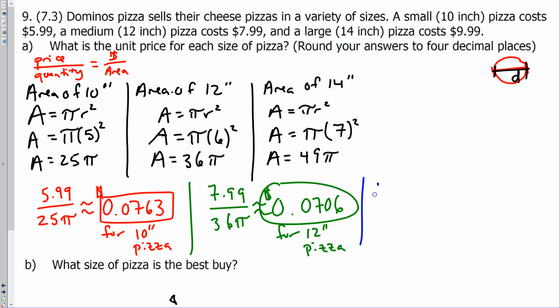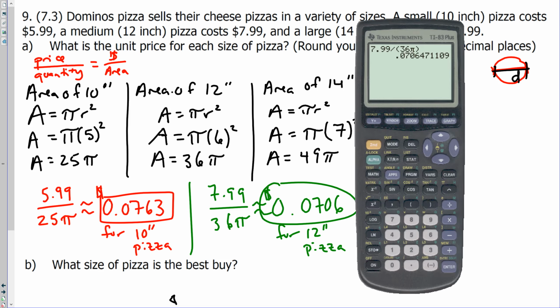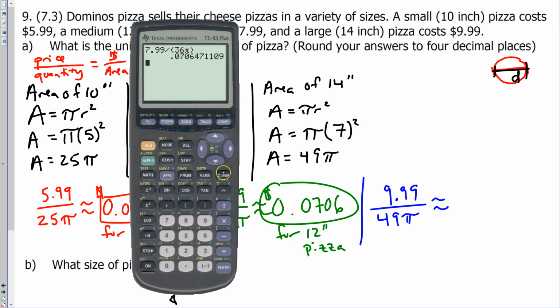And then the last pizza cost $9.99, and the area was 49 pi. So 9.99 divided by 49 pi, 0.0649.